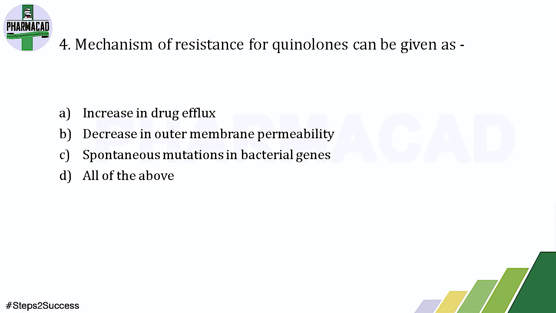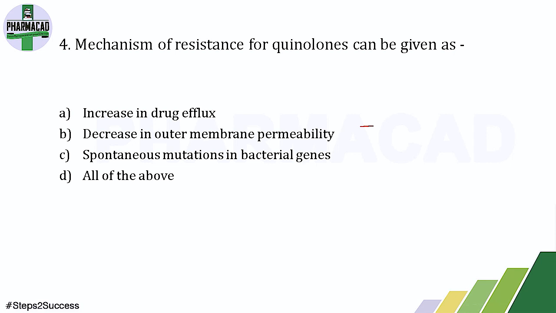Then increase in the drug efflux or decrease in the outer membrane permeability also takes place, which will affect the drug influx. So this mutation, that is A and B, is more commonly seen in the gram negative organisms because they have a more complex cell wall than the gram positive organisms.